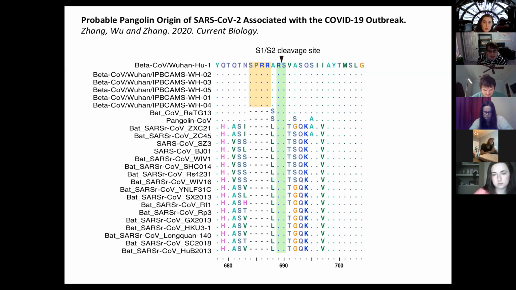And the pangolin doesn't have it and the bat doesn't have it. What does that tell you? That it's a newer thing. It's either new and it evolved within the human host, right? So remember that viruses can enter into our bodies, but there has to be some way for it to enter our cells.